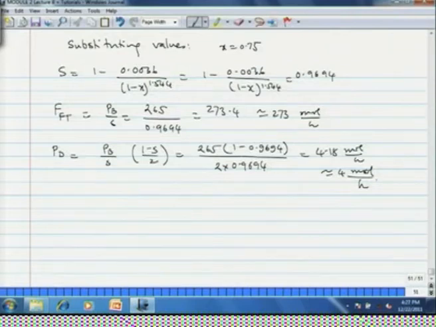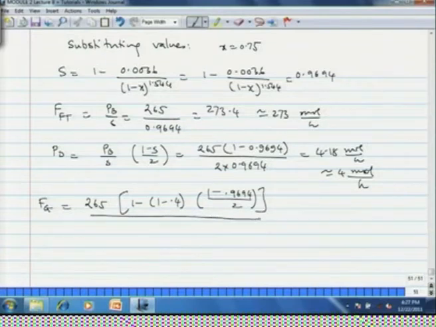Then the makeup gas Fg, again we put all values, 265 into 1 minus 0.4 into 1 minus 0.9694 all divided by 2, divided by 0.9694 into 0.95 minus 0.4.